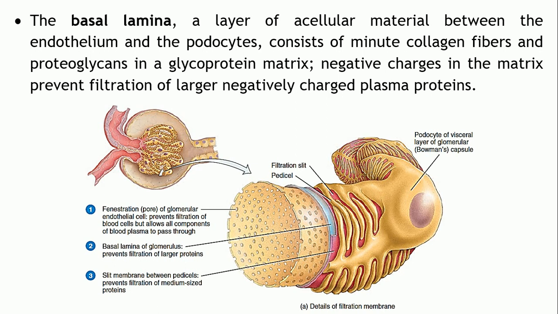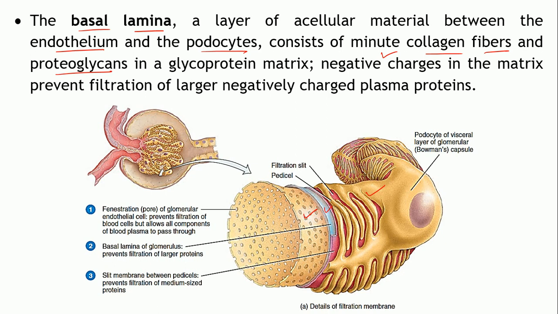Then the second barrier, that is the basal lamina. So this is actually a layer which is present in between the capillary endothelium and the podocytes, right? This is your endothelium, that's your podocytes. So in between these two is present the basal lamina. So this comprises of the collagen fibers and the proteoglycans in a glycoprotein matrix. So this particular layer has negative charges in the matrix.